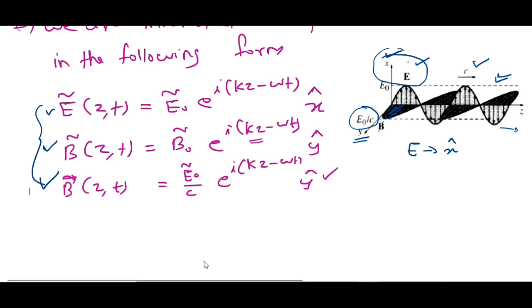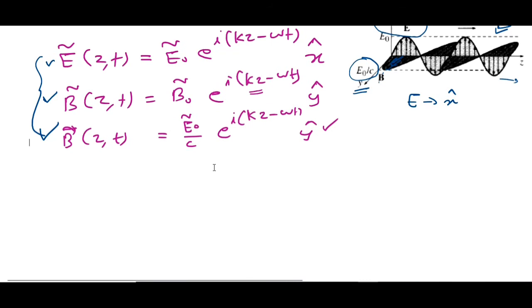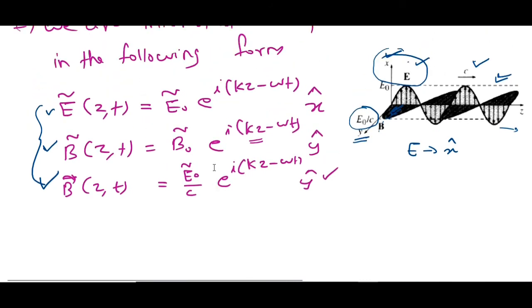Okay, fine. Now generally how can we write that, if somebody has given the propagation direction and somebody has given the electric field direction is along x, then if you are asked to find the magnetic field, in which direction?